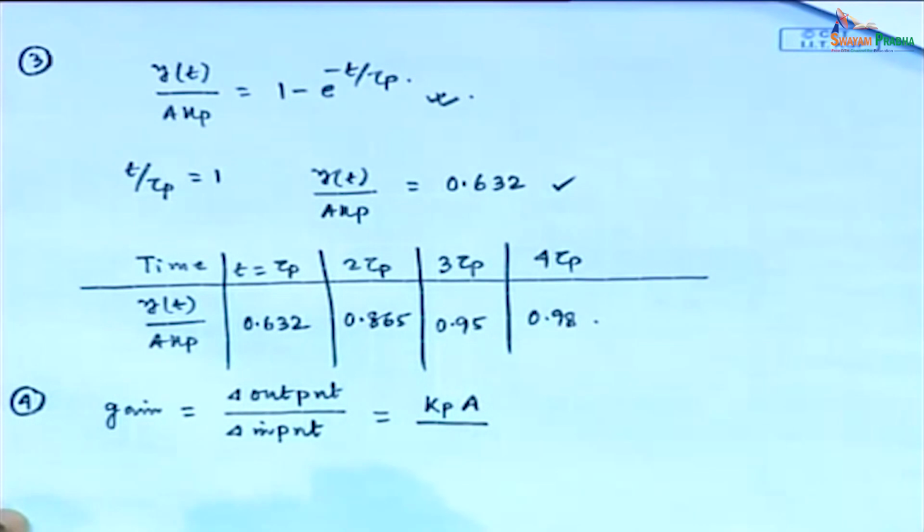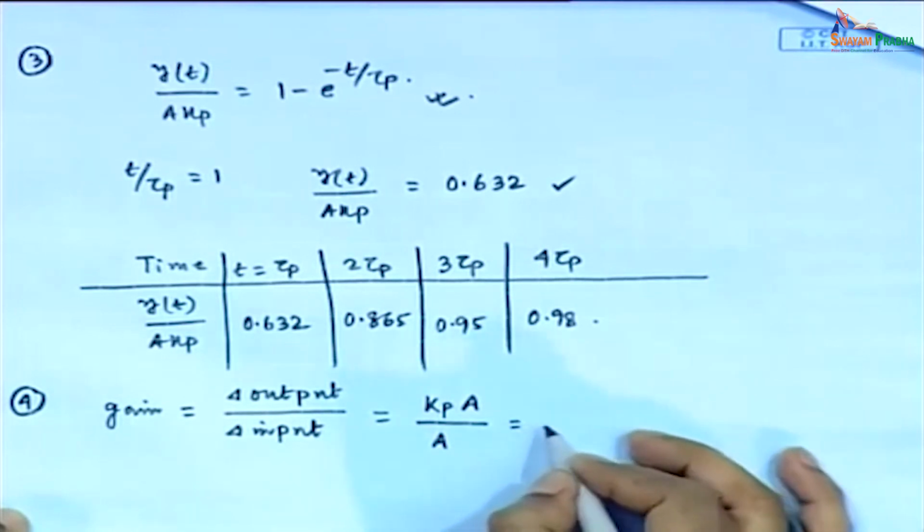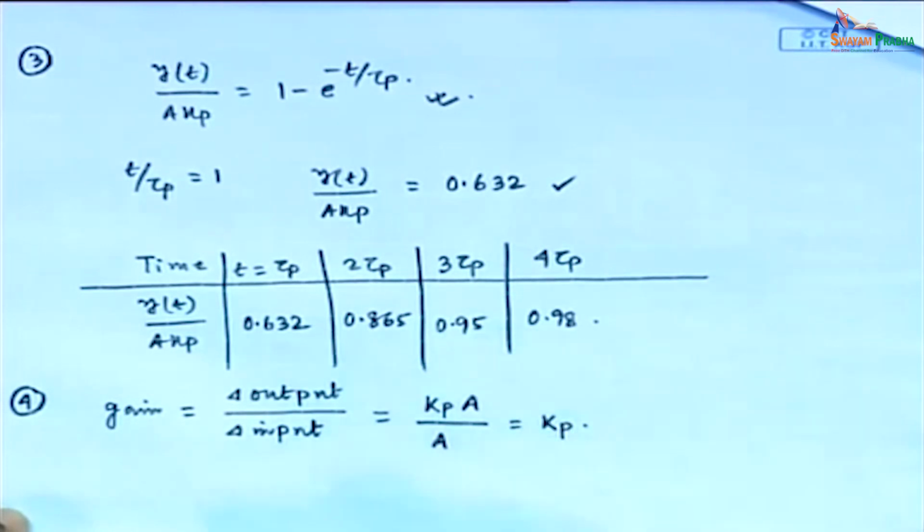because we have seen earlier that considering t tends to infinity, y t divided by A Kp equals 1. That means y equals A Kp, and how much change we introduced in the input, that is A. So, this gain becomes Kp, and originally we have considered in the transfer function Kp as the gain, but remember that this is a steady state gain.